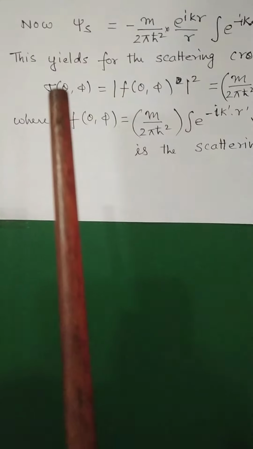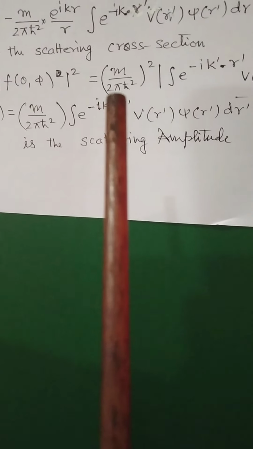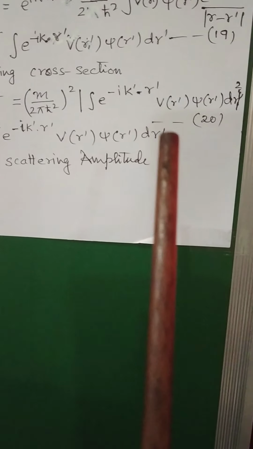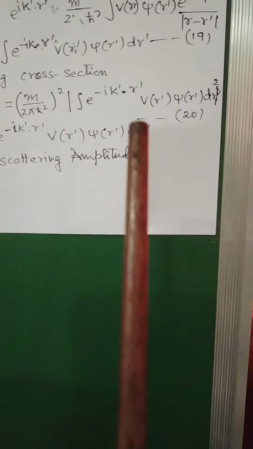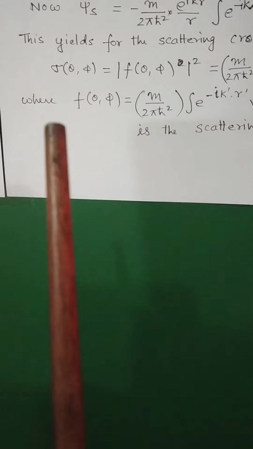Now the scattering cross section sigma of theta and phi is equal to absolute value of f function of theta and phi whole square, which is equal to m upon 2 pi h cross square whole square, absolute value of integration e raised to the power of iota k dash dot r dash v function of r dash psi function of r dash multiplied by d r dash, whole square of this term.